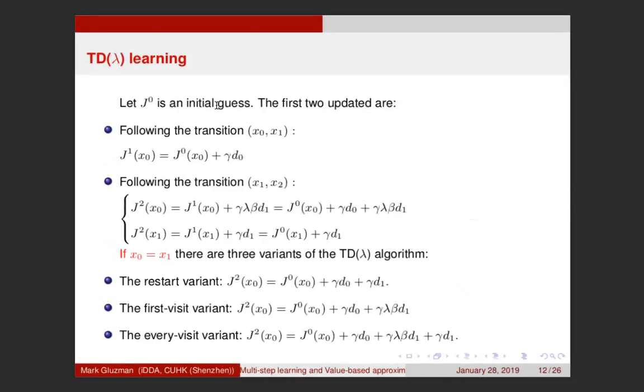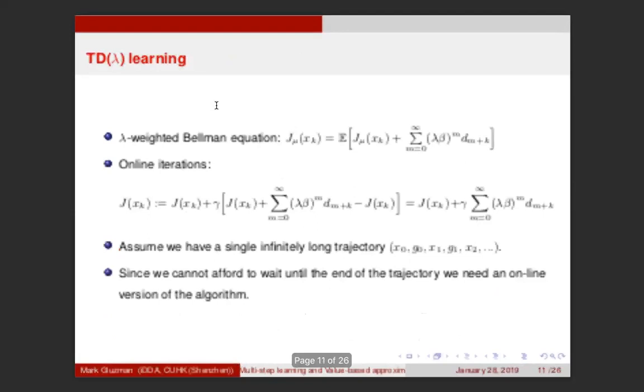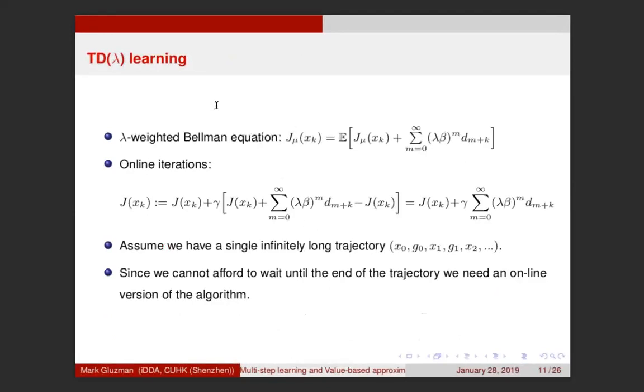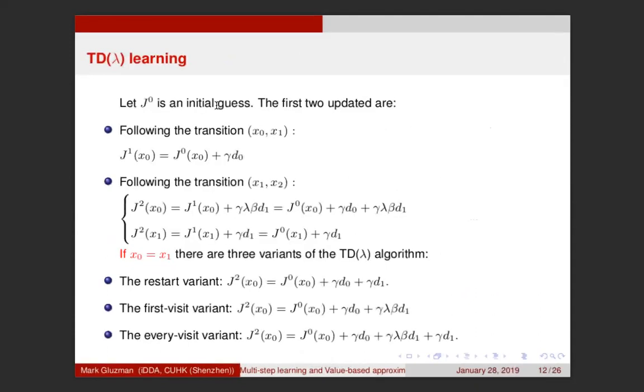So for instance, if we have made only one transition from x0 to x1, in our formula k is equal to 0 and m is equal to 0, and we can update our estimation already after one iteration. When m is equal to 0, this is g x0 plus gamma to the power m equal to 0, so you get only d0.